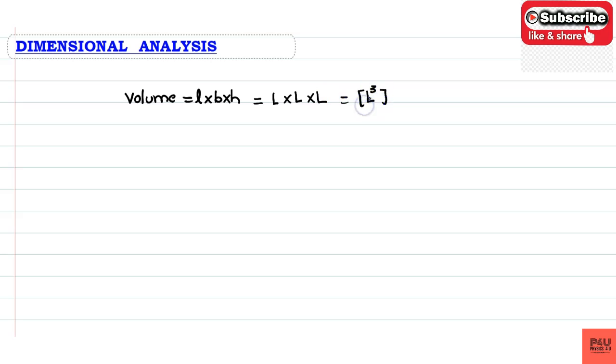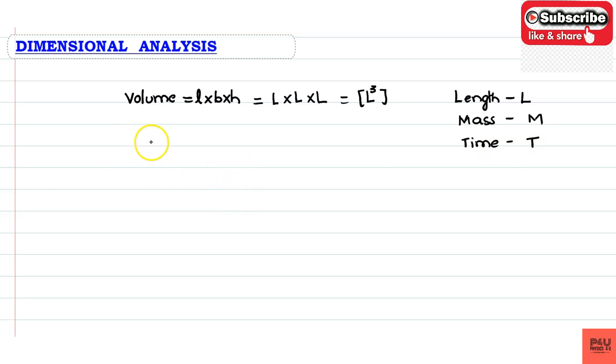Length is expressed in the dimensional formula as capital L, mass is expressed as capital M, and similarly, time is expressed as capital T.